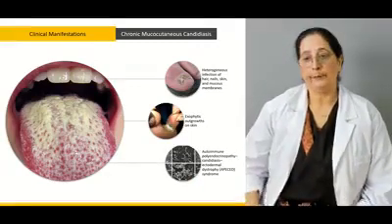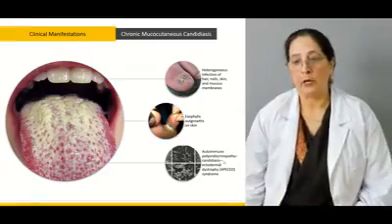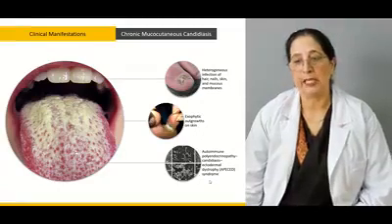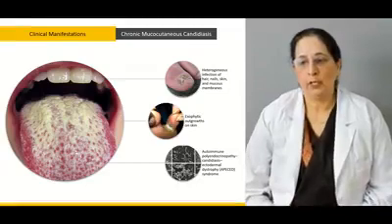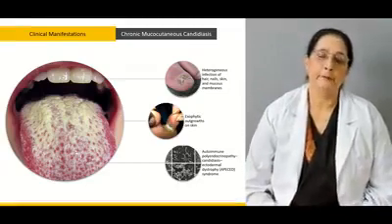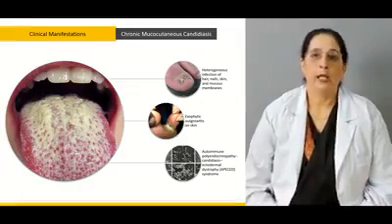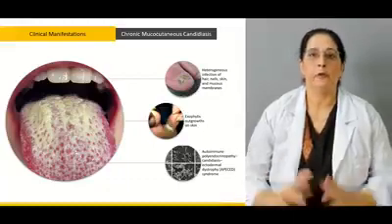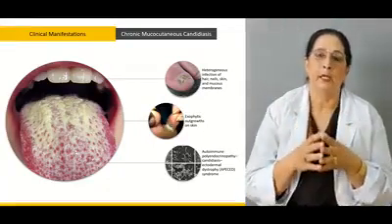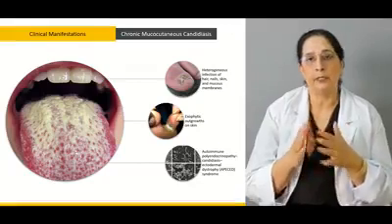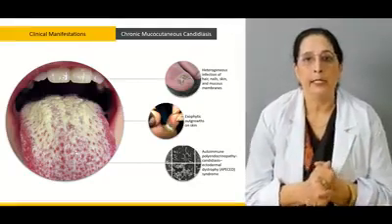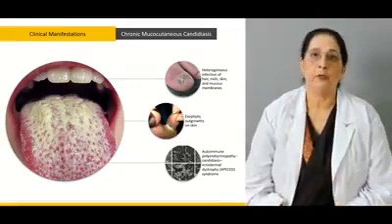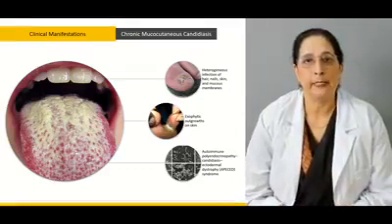And then autoimmune polyendocrinopathy candidiasis, ectodermal dystrophy syndrome. So autoimmune polyendocrinopathy, as the name shows, involves multiple glands and hormones, and candidiasis, and ectodermal dystrophy, which causes dystrophy of the ectodermal layer.